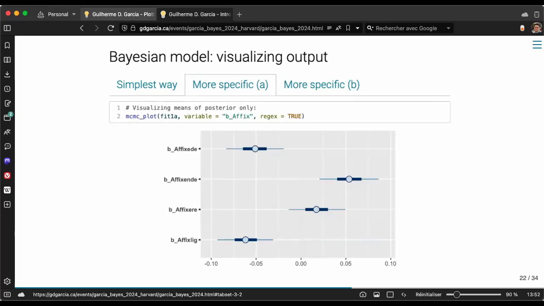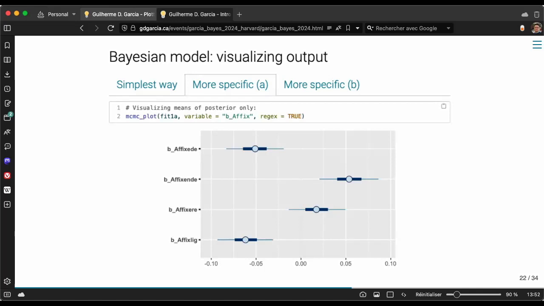We can always change that. Here I'm using this very nice possibility of selecting certain variables, because especially when we're running a model that has random effects, which we'll do later, there are just so many variables. There's a random slope by participant, there will be so many variables. And here I just want to plot the population-level effects.